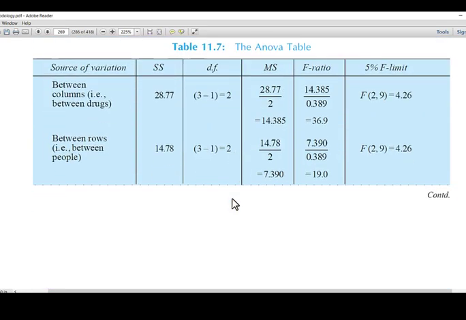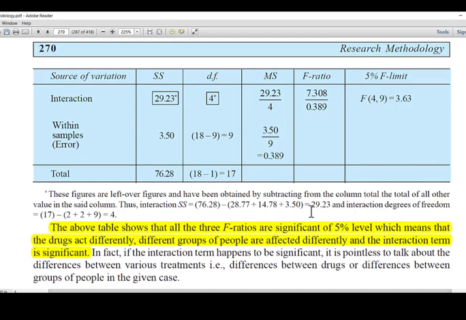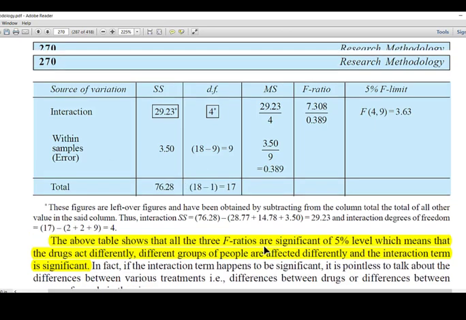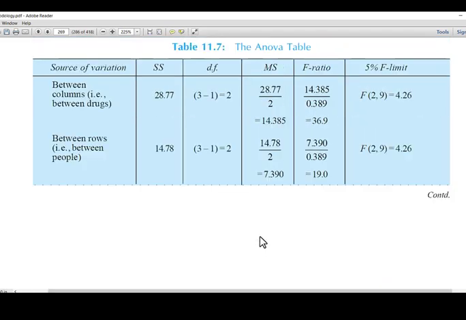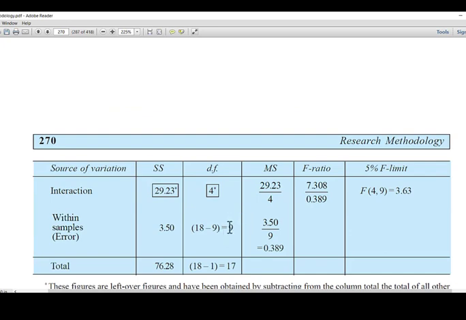Here c minus 1, r minus 1, and here it is n minus 1. As there are 3 rows and 3 columns, within samples the degrees of freedom will be 9. Here it is 2, here it is 2, and here it is 9, and 2 plus 2 plus 9 is 13, and then 17 minus 13 is 4. So 4 degrees of freedom for interaction is calculated like this.